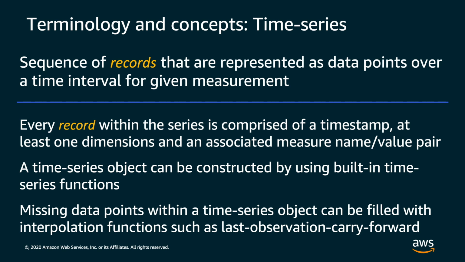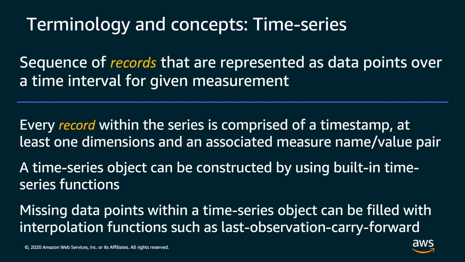So the first point underneath the blue line there is that every record is going to have a timestamp, at least one dimension, and then the associated measure value pair. And those records that have that unique set of dimensions and measure name, those records vary over time for that measurement, that's what makes up the series or the time series.